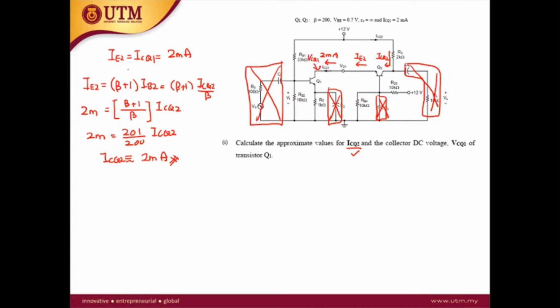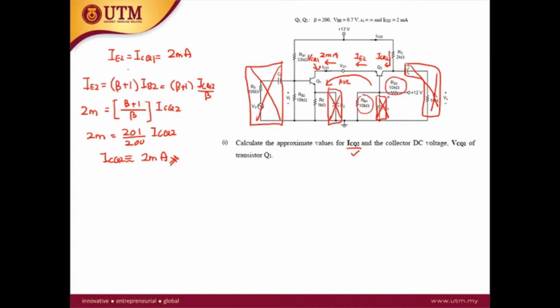How we can analyze the VCQ1 is by using the KVL, passing through the base emitter of the Q2 as well as collector emitter for the Q1. To do the KVL, you need to simplify the RB4 and RB3 here.